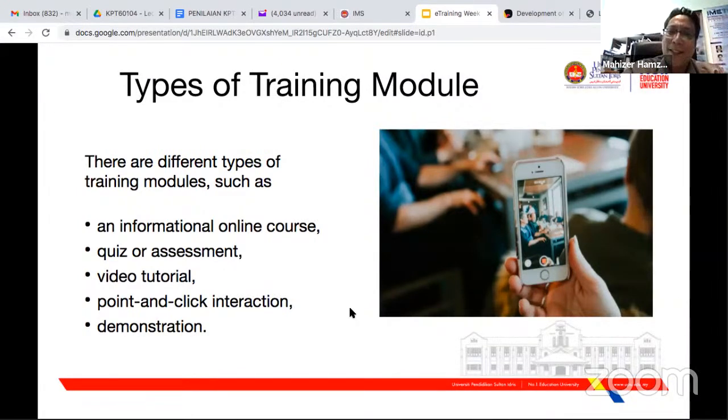They will fix the timetable, so the employee has to attend it, and at this time they can use the module as their reference. Let's say they didn't understand it, they want to know more about it, maybe they can read the module. Actually we have many types of module, besides what I have listed just now.